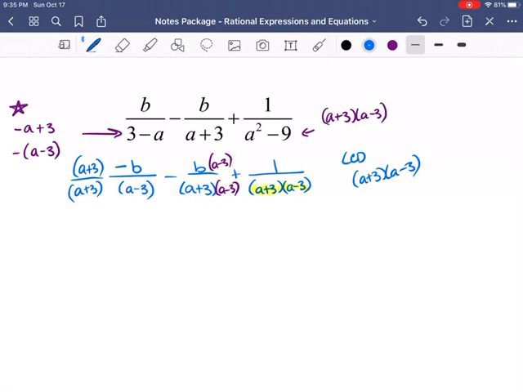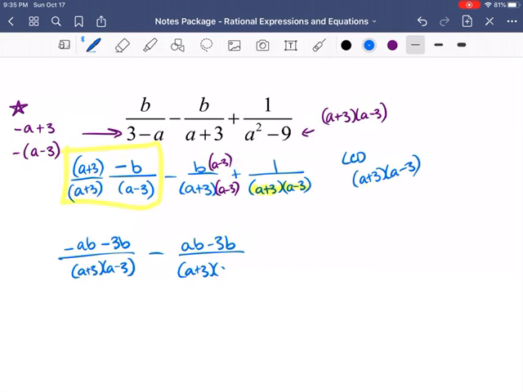So the first section here, that's what we're going to focus on. We're going to end up with negative ab minus 3b over (a plus 3)(a minus 3). The second section here, we're going to end up with ab minus 3b over (a plus 3)(a minus 3), and the last one remains unchanged.